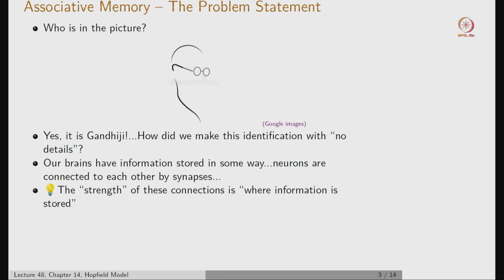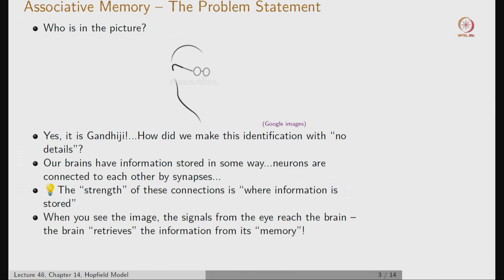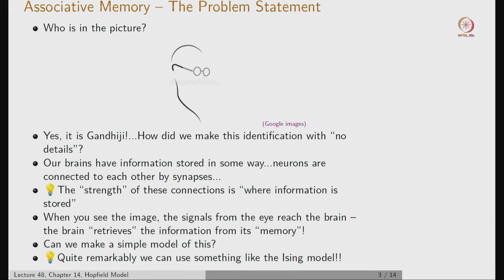So this is all very interesting, and I am sure you have seen this in high school biology and so on. But the question is, how does the brain retrieve this information, and can we make a simple model of this? And I am going to try to impress upon you that the Ising kind of model that we have discussed in this course can actually capture some of these ideas, some of these concepts that we have seen in the context of brain memory and recollection and all of that.